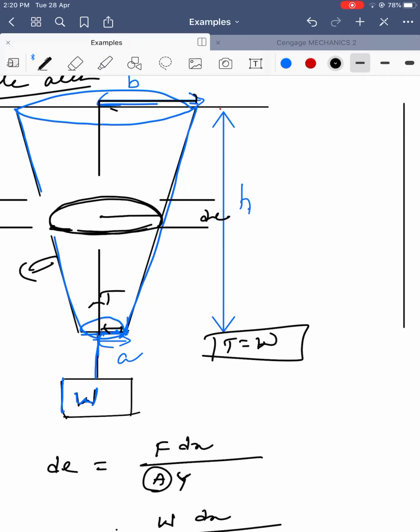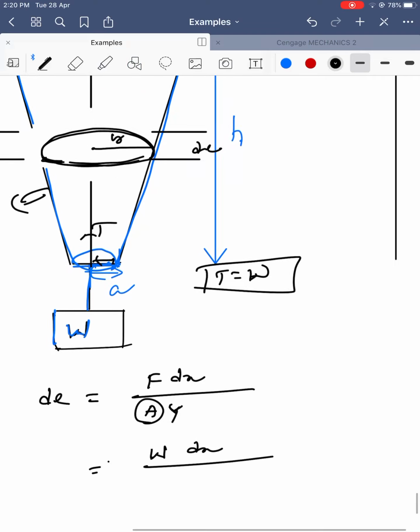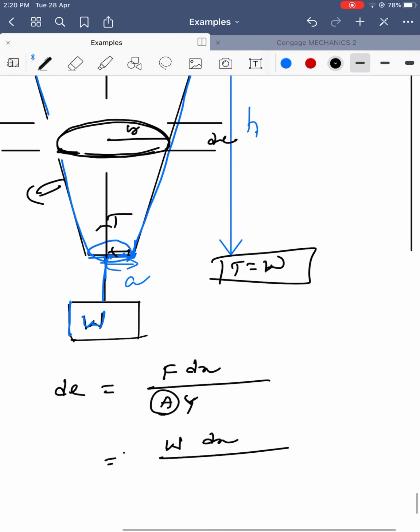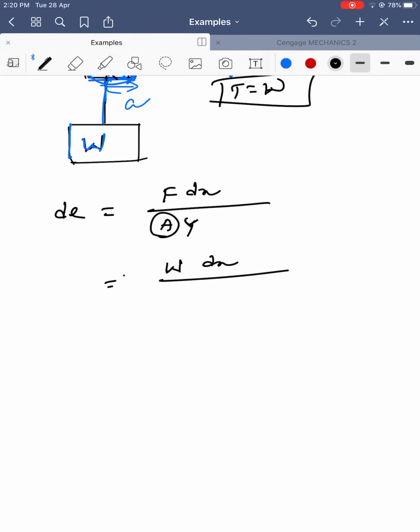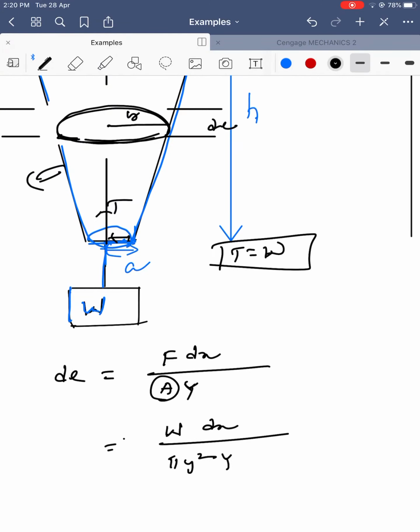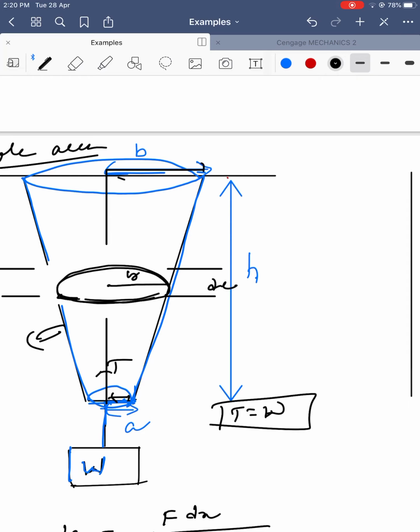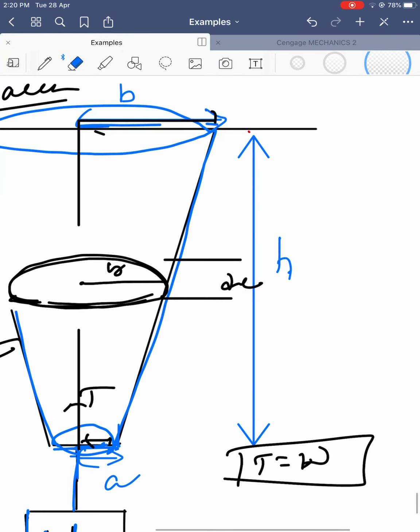I am considering it as y. Area is equal to pi into y square, but it's not constant. y is varying from there to the top. So how to calculate y? The complications are involved here. Let's see clearly.